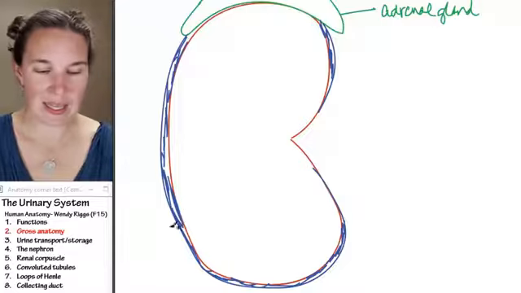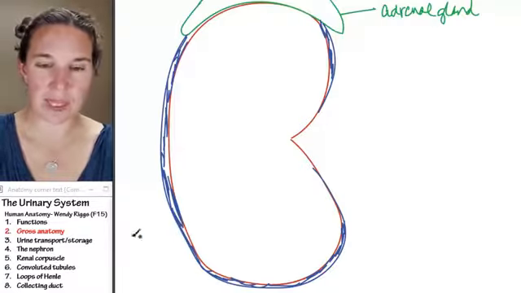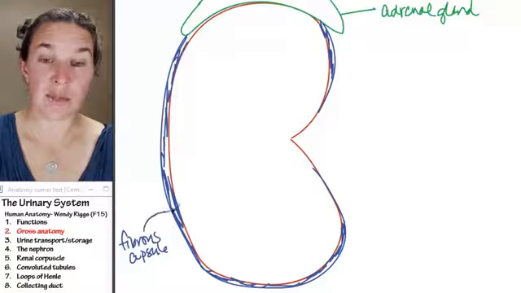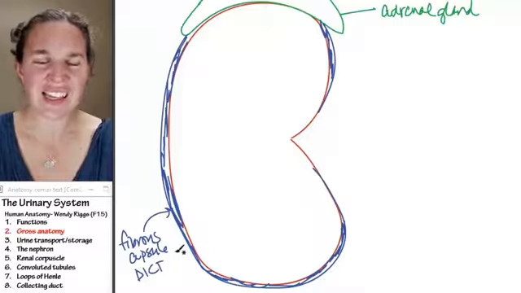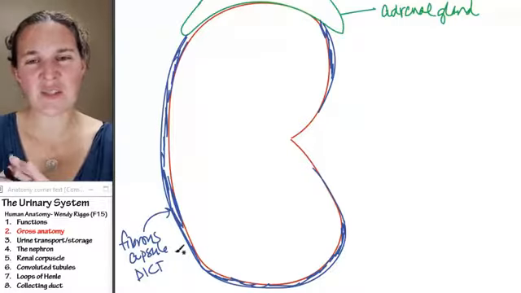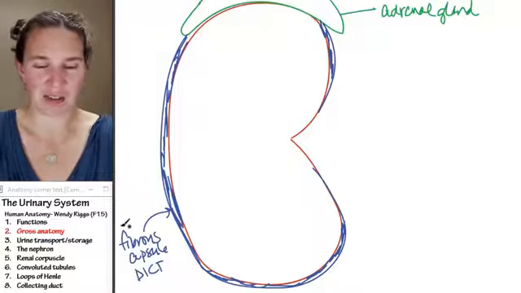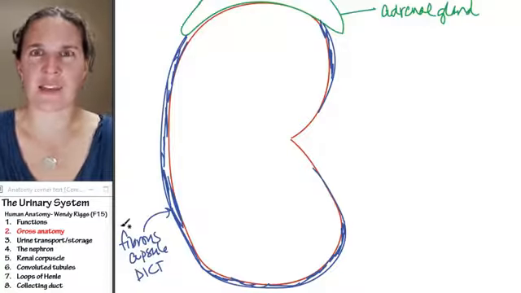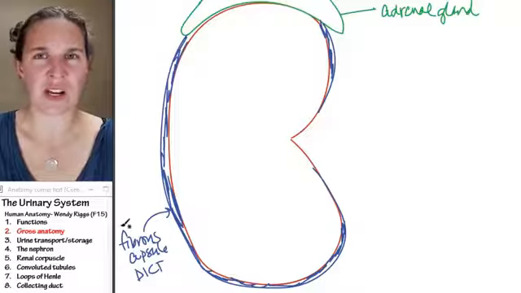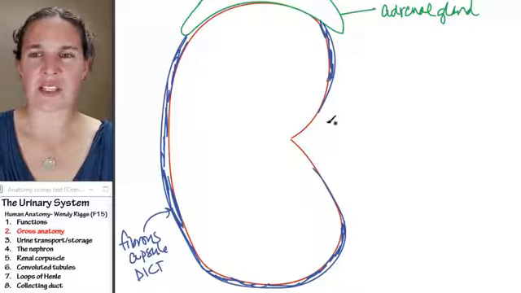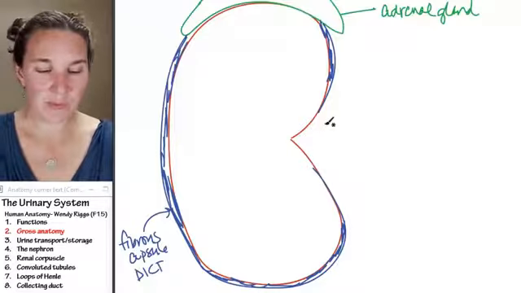This is the fibrous capsule of your kidney, and of course, there's two names for it. It's also called the renal capsule. It's made of dense irregular connective tissue, and it's just a covering. There are also layers of fat that your kidney is embedded in, in the posterior aspect of your abdominal cavity, but we're not going to focus on those. We're just going to focus on the actual kidney itself.